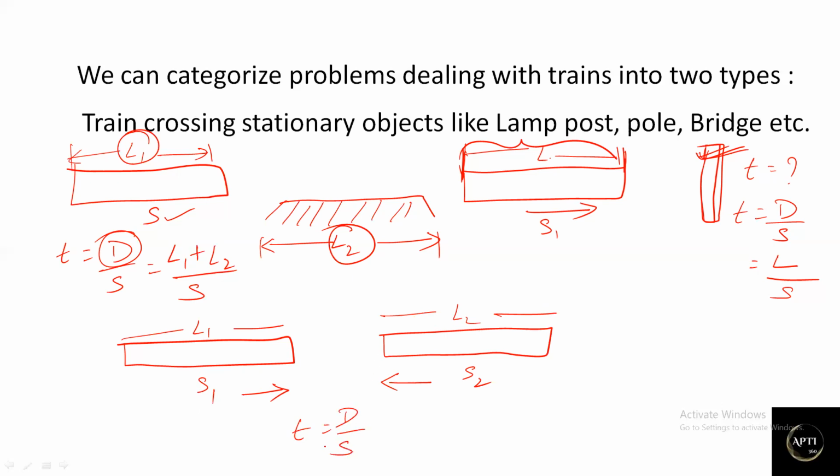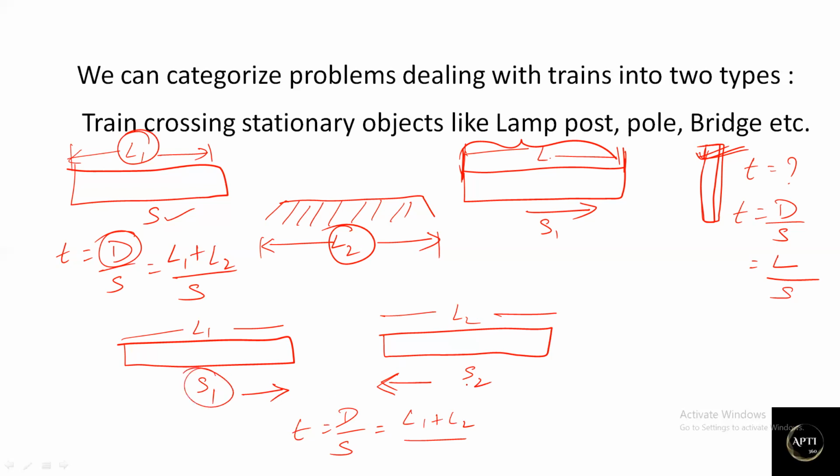Time is equal to distance by speed. Crossing each other completely means the last bogie of the first train should cross the last bogie of the second train when both are moving in opposite directions. So what is the distance? The distance is L1 plus L2, divided by the speed. Here we have two speeds.